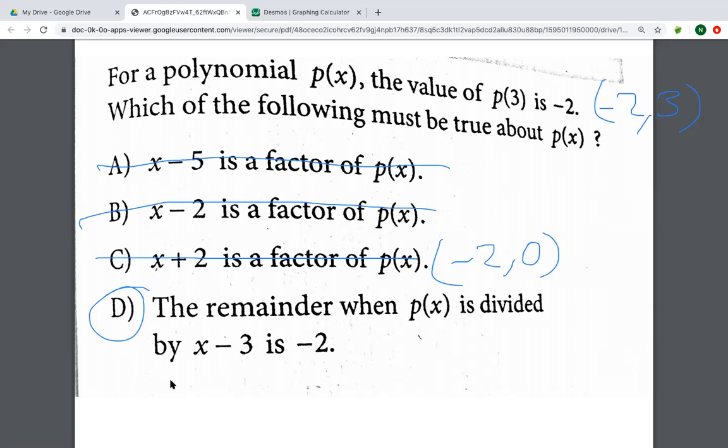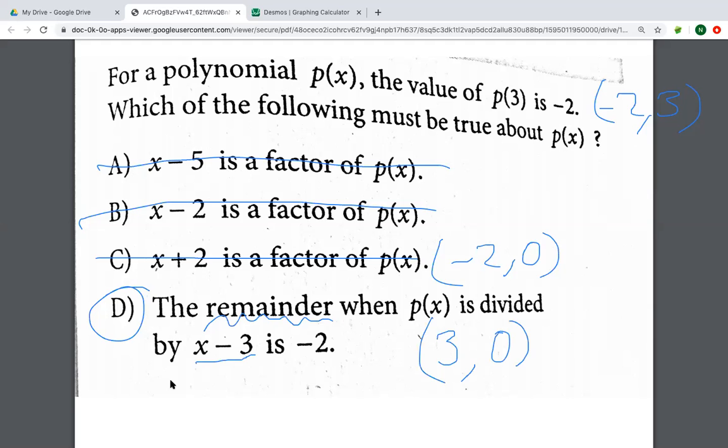Now, if you want me to talk about why it is, a remainder in this case, when we're talking about polynomials, when we're talking about quadratics, a remainder is a vertical shift. So if we were to have X minus 3, if X minus 3 is a factor, then it is 3, 0.